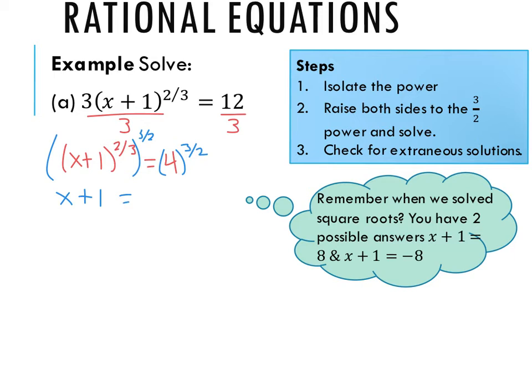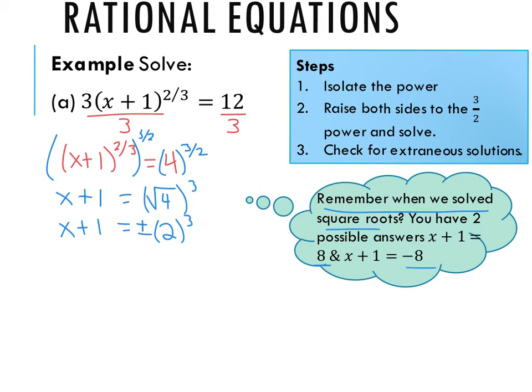Now, if we look at our thinking bubble, we know this is the square root of 4, cubed. But remember when we solved for square roots, we have two possible answers. We have the positive answer and we have the negative. So we really have x plus 1 equals plus or minus, we know the square root of 4 is 2, all cubed.